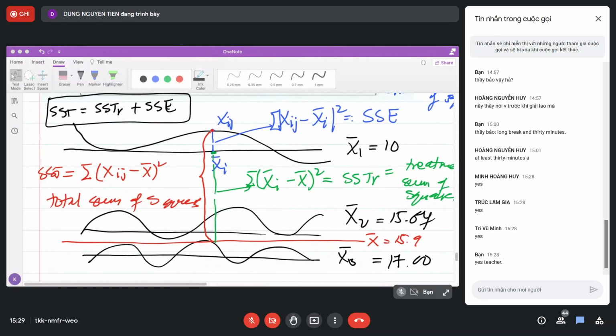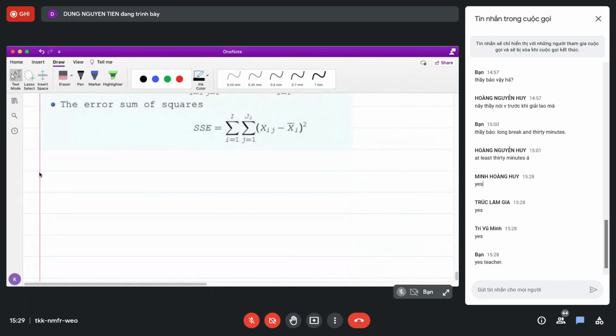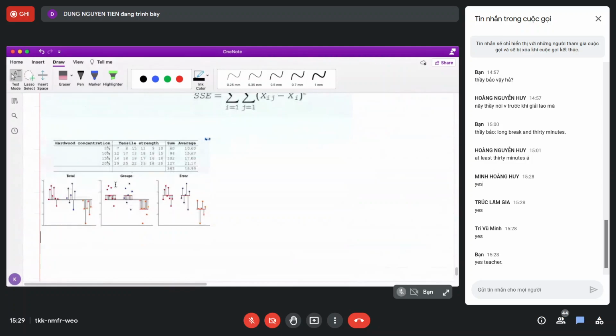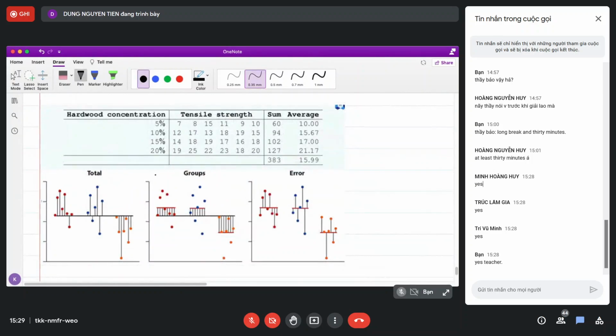This is basically the graph for illustration. Let's say this is the total sum of squares. For the total sum of squares, you get the variation of the observations around the grand mean.